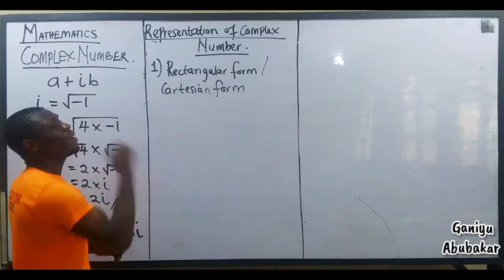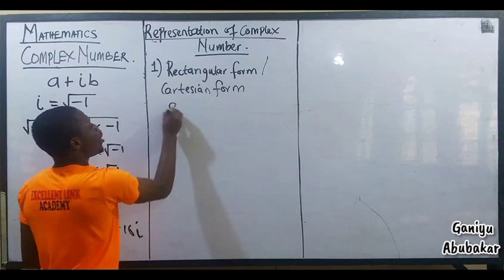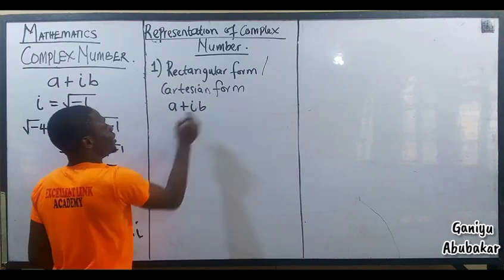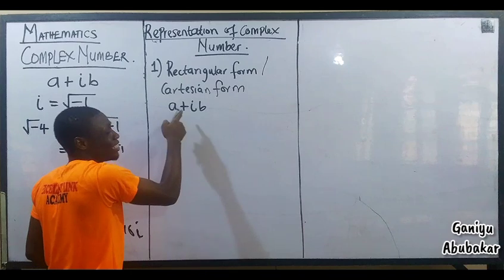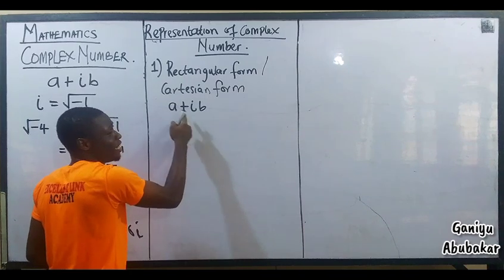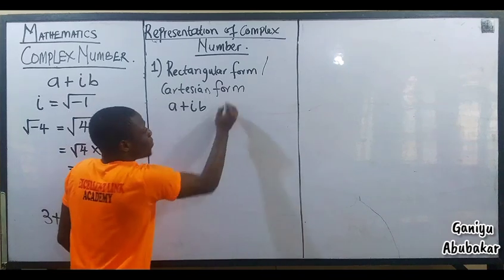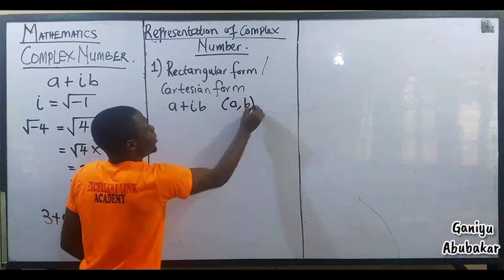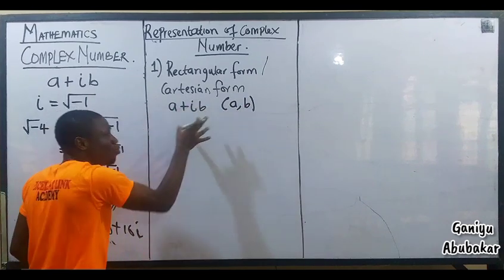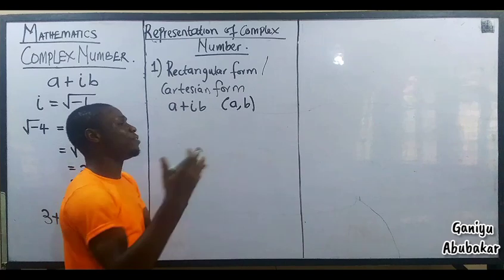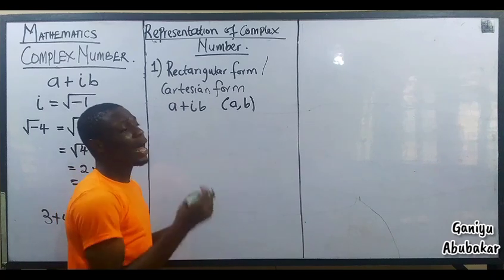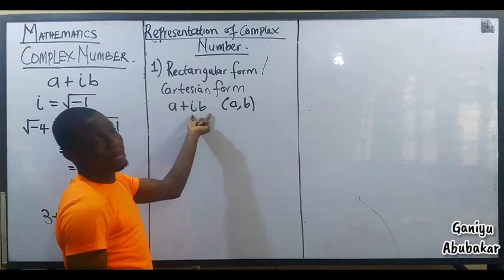So a complex number in the form a plus ib is a rectangular or Cartesian form of representing a complex number. Or if I have (a, b), this is an example of how to identify a rectangular or Cartesian form of a complex number.